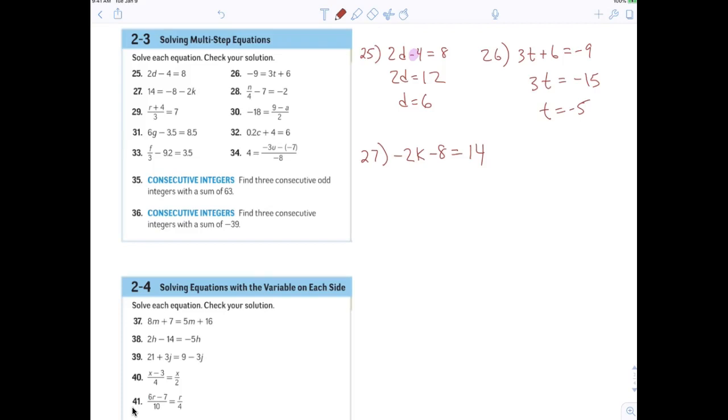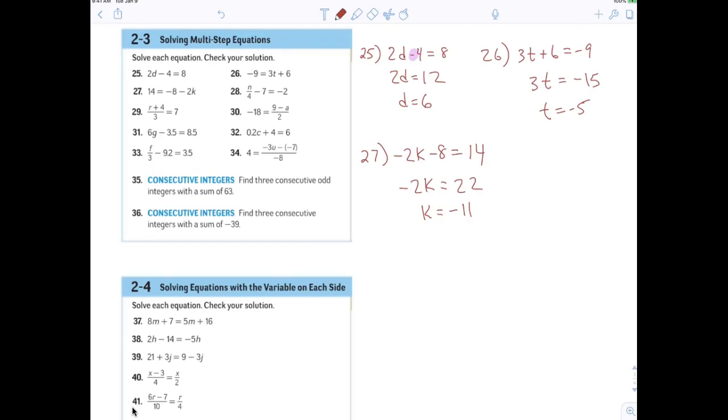Everybody's adding 8. If I add 8, I get -2k equals what? 22. So k equals, be careful. -11. Yeah, k equals -11. Now remember, as soon as you get stuck, you're supposed to tell me. So we agree k equals -11, right?